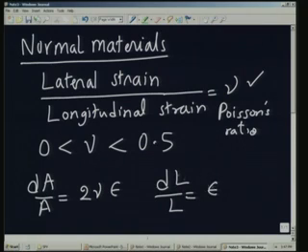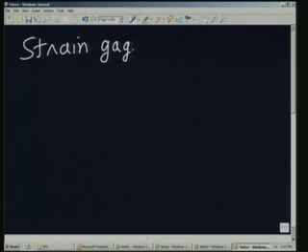Now, let us look at the material of a strain gauge. I want to now link up whatever we talked about in general about any material which is undergoing a strain, the longitudinal strain and the lateral strain. I am going to now look at what is the consequence for the strain gauge.